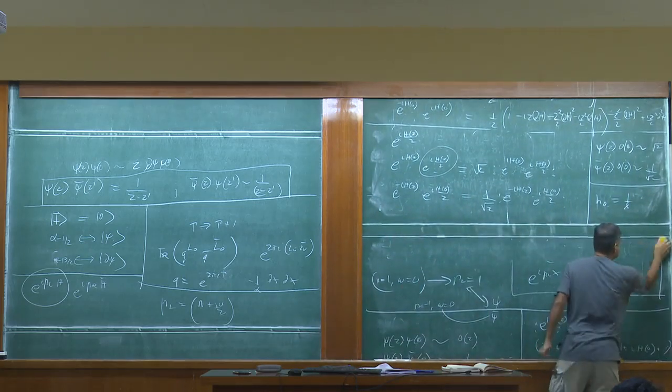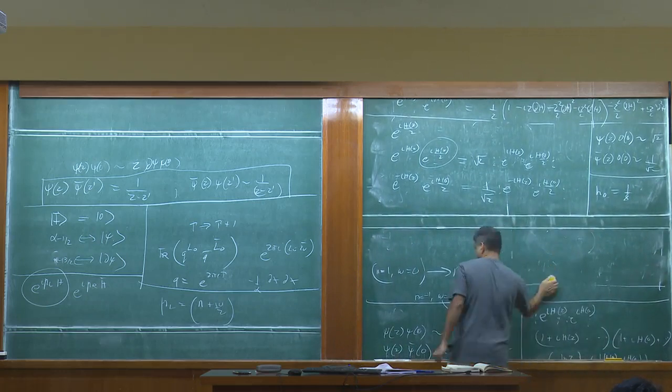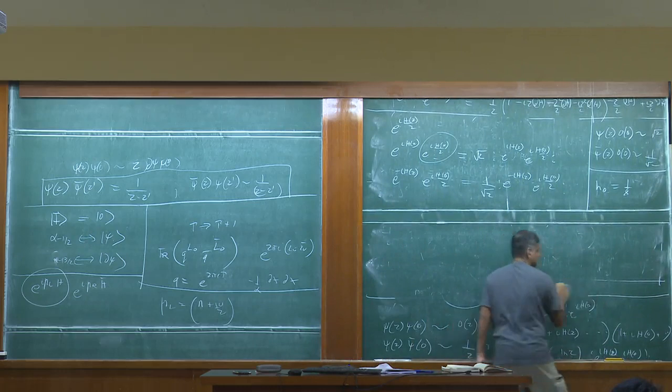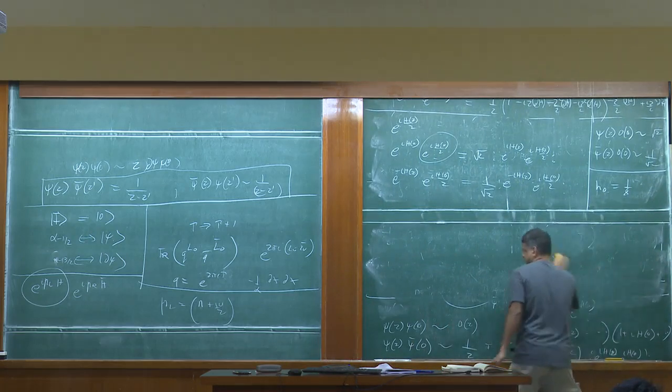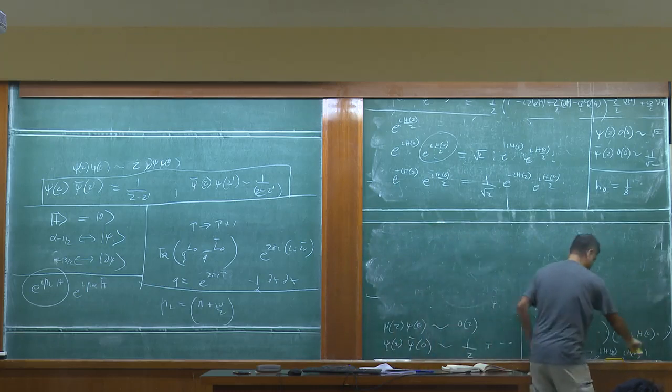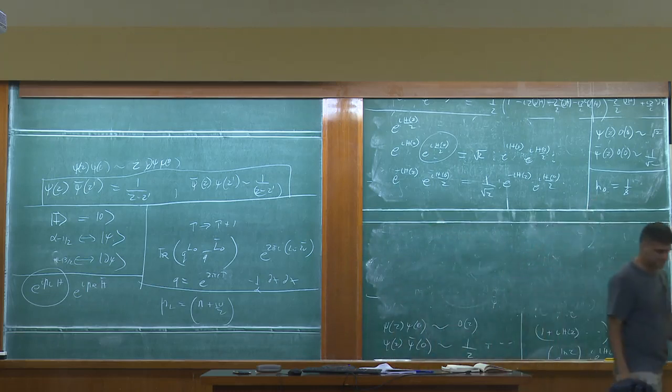Now, let us try to see that this thing is really working. I'm claiming that this operator is actually one of the two ground state operators in the Ramond sector, because there's the operator which was e to the power I h by 2, and there's e to the power minus I h by 2.